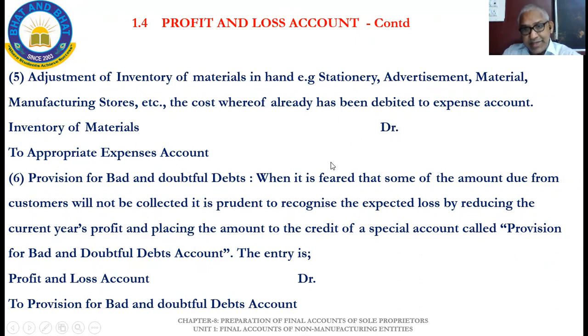See, bad debts means sales done, credit sales, it is definite that that much money will not be received. Say for example, Mr. A will not pay, that is certain, sure, that is called bad debts. Provision is done when it is doubtful, may receive or may not receive, then a provision will be made.